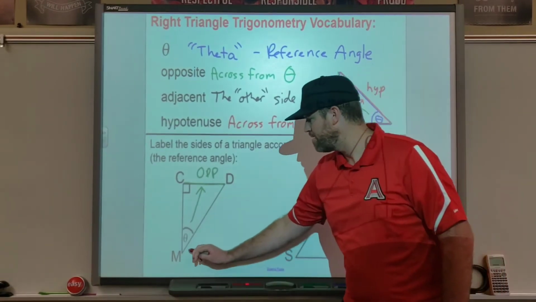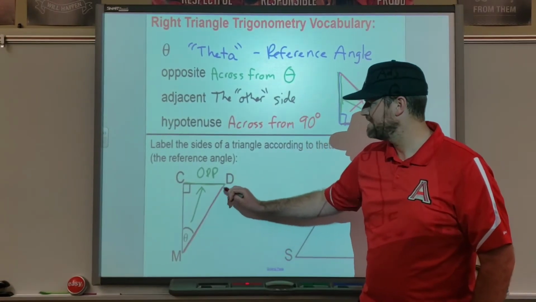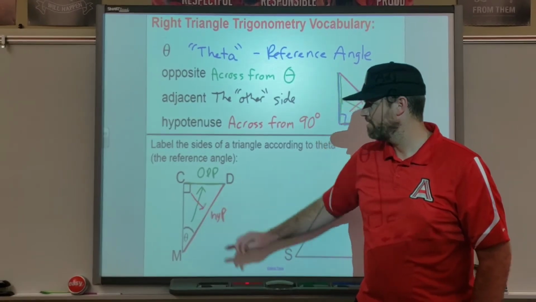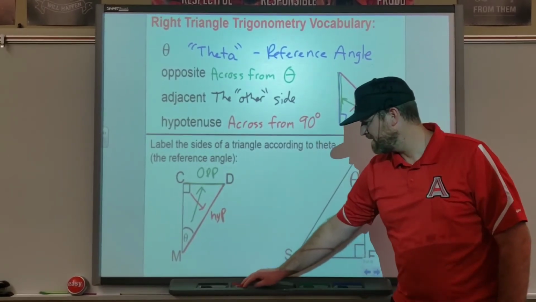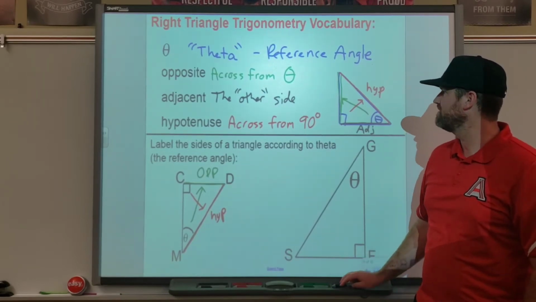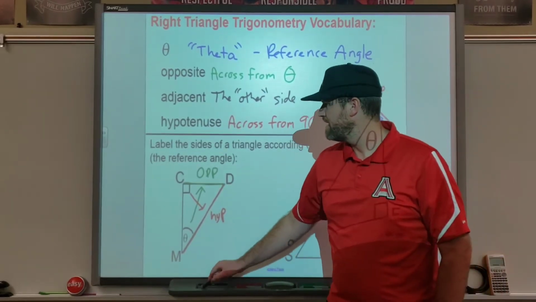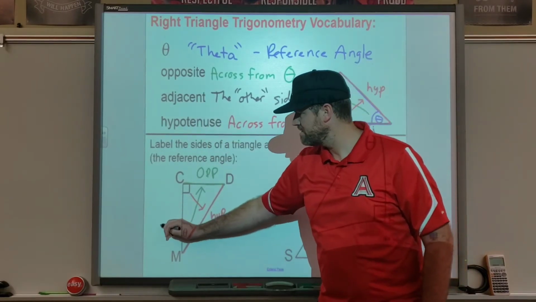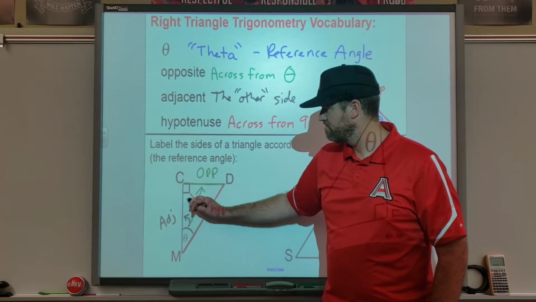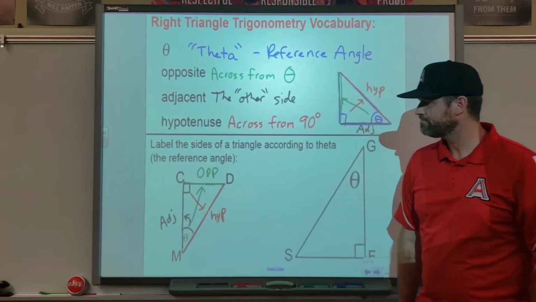That's right. Our hypotenuse will be side MD. And we know that's the hypotenuse because it's across from the right angle. Which means we only have one side left, right? And what do we call that final side? We call that final side the adjacent. So the ADJ is always right next to theta.